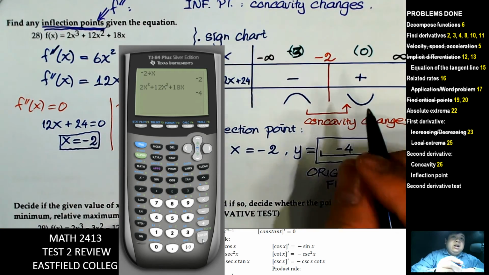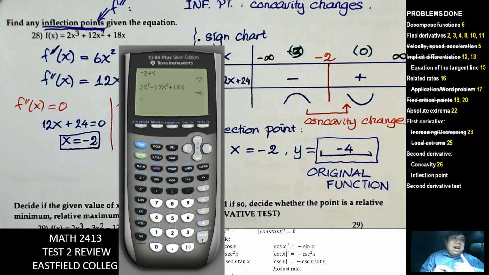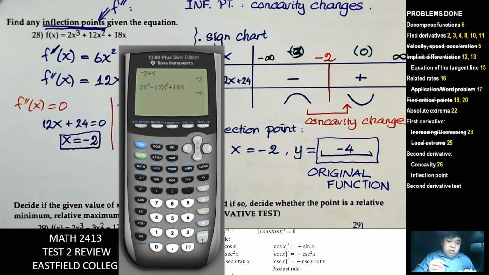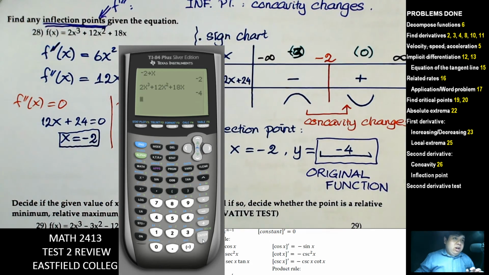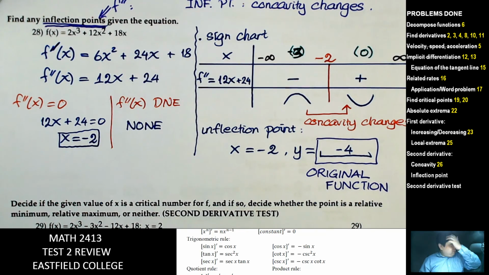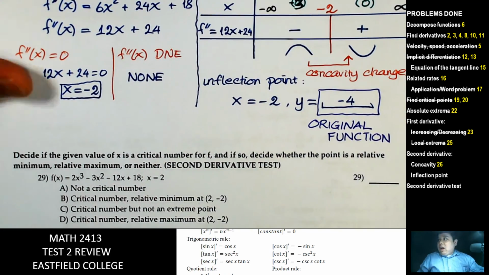So once again, max, min, inflection point, all those points must come from the original function. So we check with the original function. So x is -2, y equal to -4, that is the inflection point. Right, so that was that.